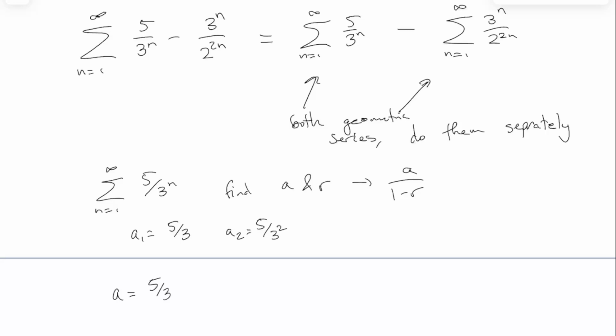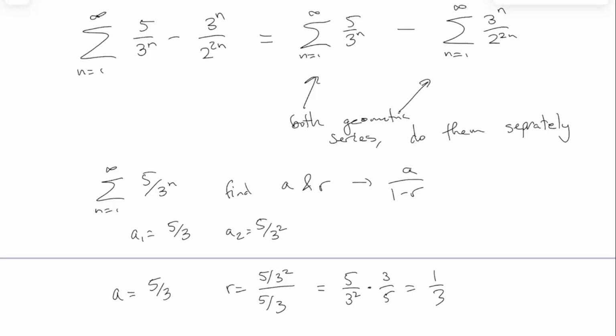It's the second term divided by the first one. So here it would be 5/3 squared divided by 5/3, right? The 5s will cancel. You have to simplify this fraction. If you prefer to write in terms of reciprocals, this would be 5/3 squared times the reciprocal 3/5, right? That's a third. I think I got that right.